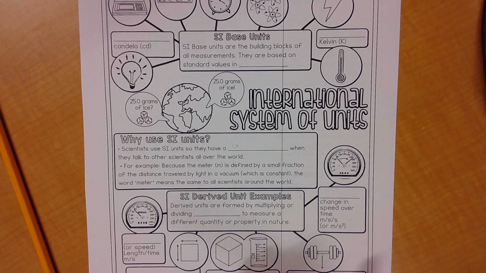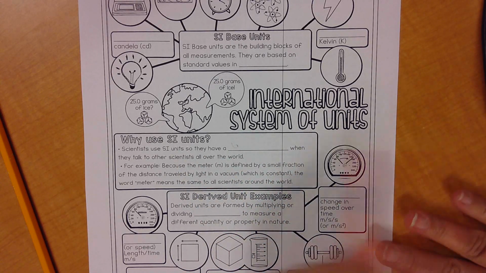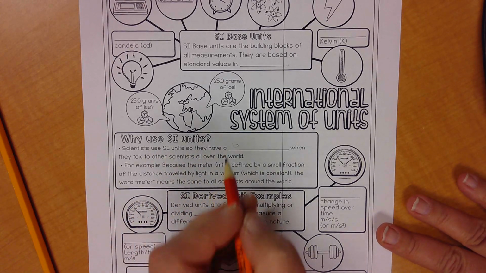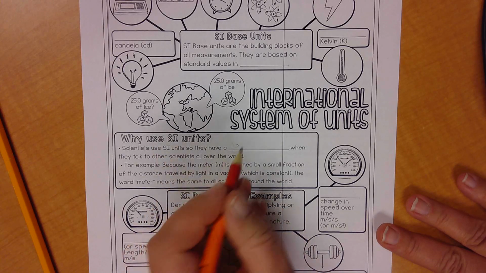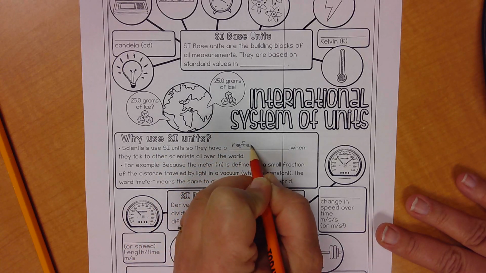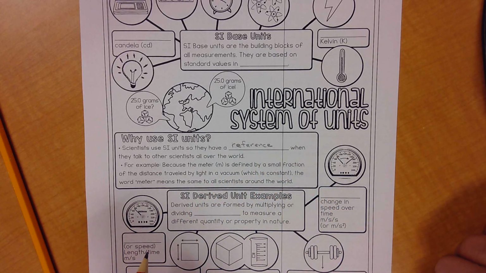For the last little part of our measurement lesson, I just briefly want to talk about the International System of Units, or the SI system. It is used by scientists around the world so that they have a reference point when talking to other scientists, right?